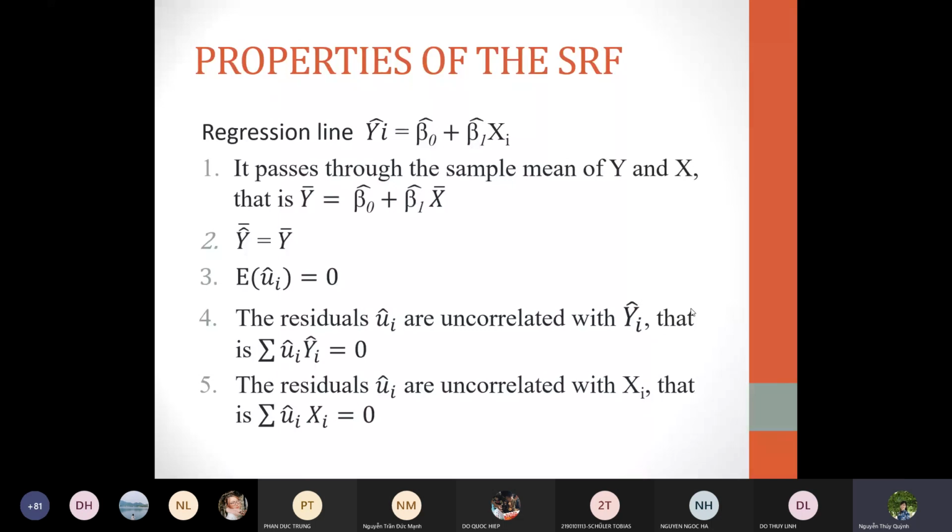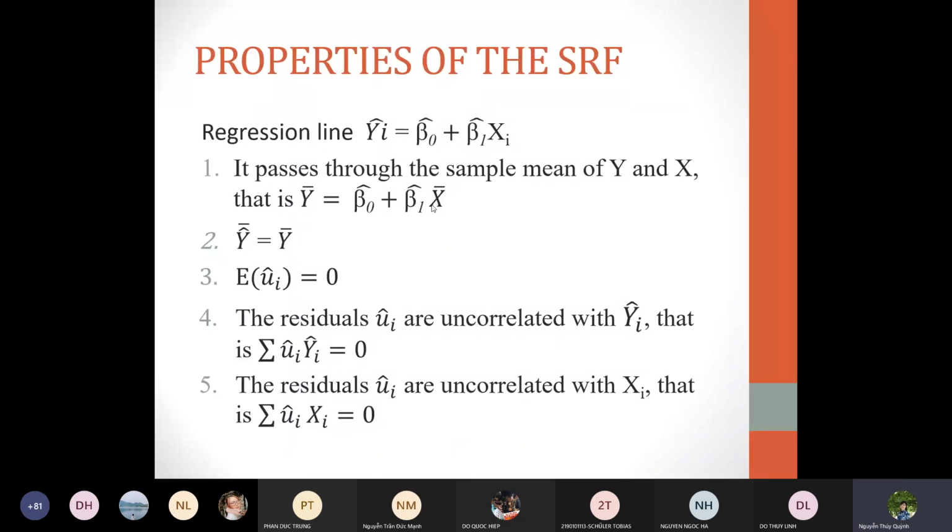The first property is that it passes through the sample mean of x and y, which means that we always have the mean value of y equal to beta 0 hat plus beta 1 hat times the sample mean of x.